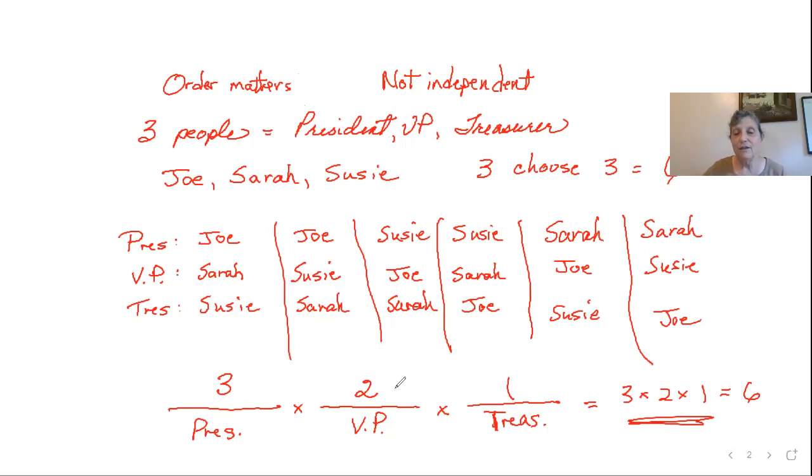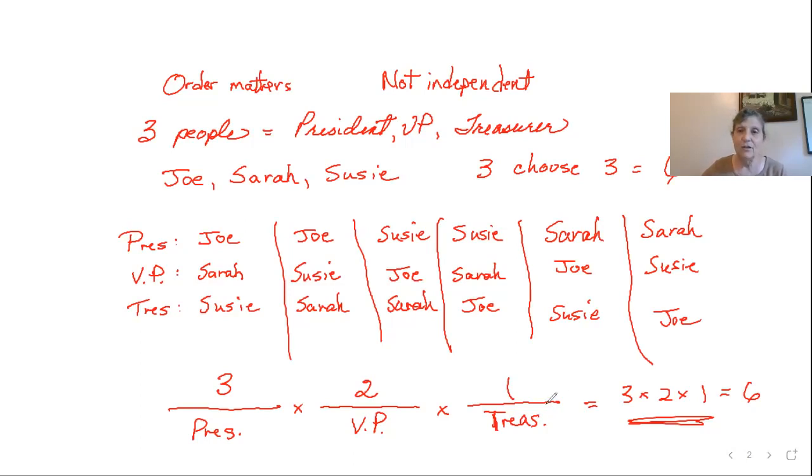So this is still very similar to the way you can do it when they're independent events. You still take the number of possibilities for the first spot times the number of possibilities for the second spot, which could be the same as before, or it may be different, and then the number of possibilities for the third spot, and so on and so forth.